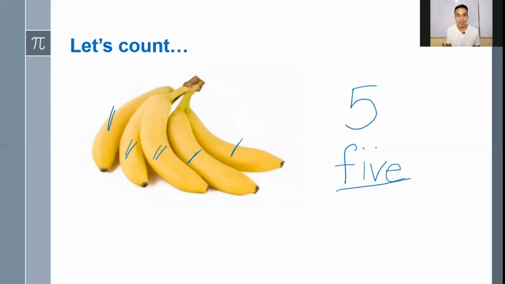Okay? I know you know how to write the number 5, but your challenge is to write number 5 in words. You have to know the correct spelling. If you don't know the spelling, you can always ask your mommy or your daddy.